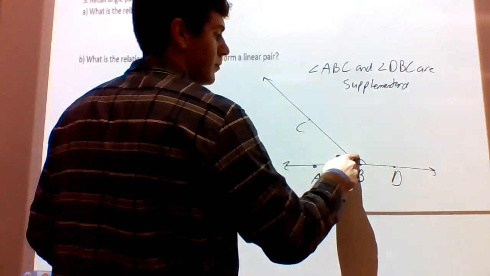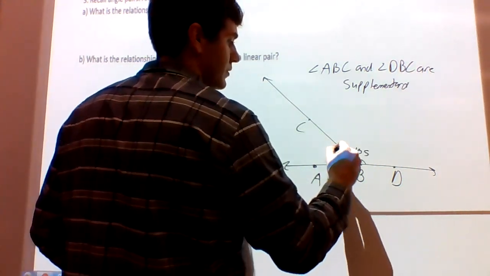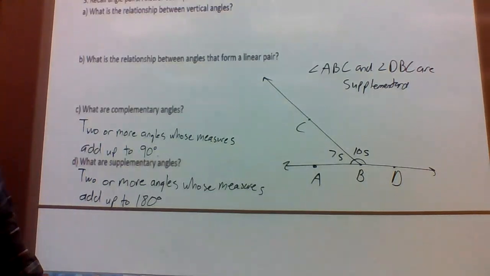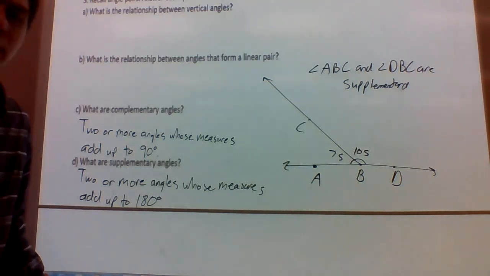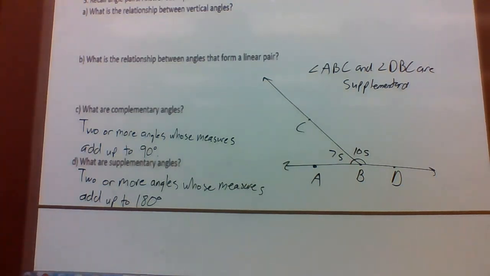This one may be 105 and this one may be 75, but if they form a straight line, they're supplementary because they add up to 180. The angle measure of a straight line or a straight angle is 180. That's the first page.